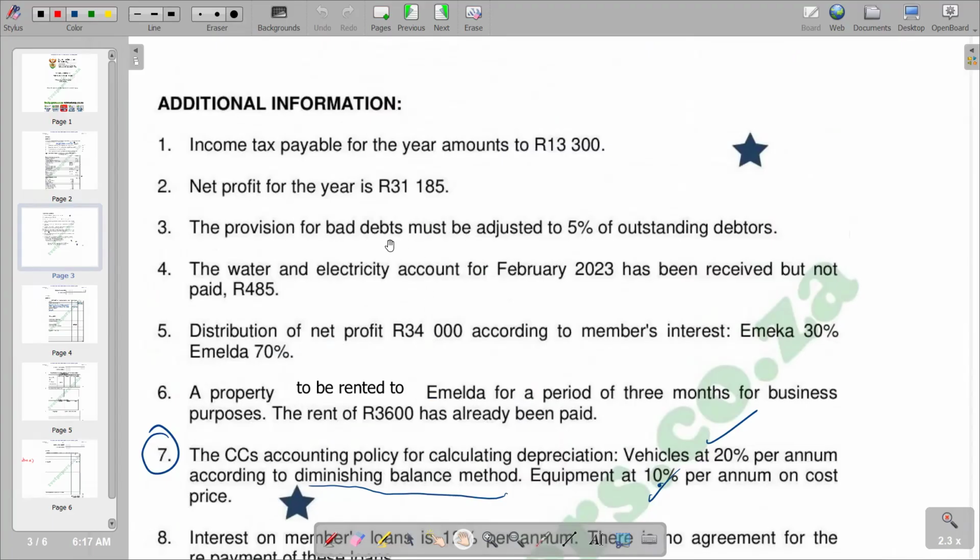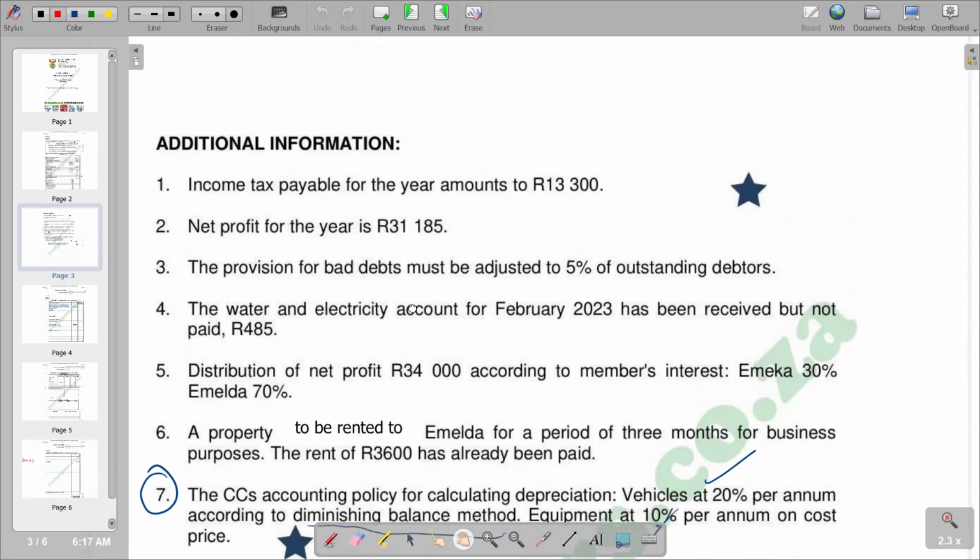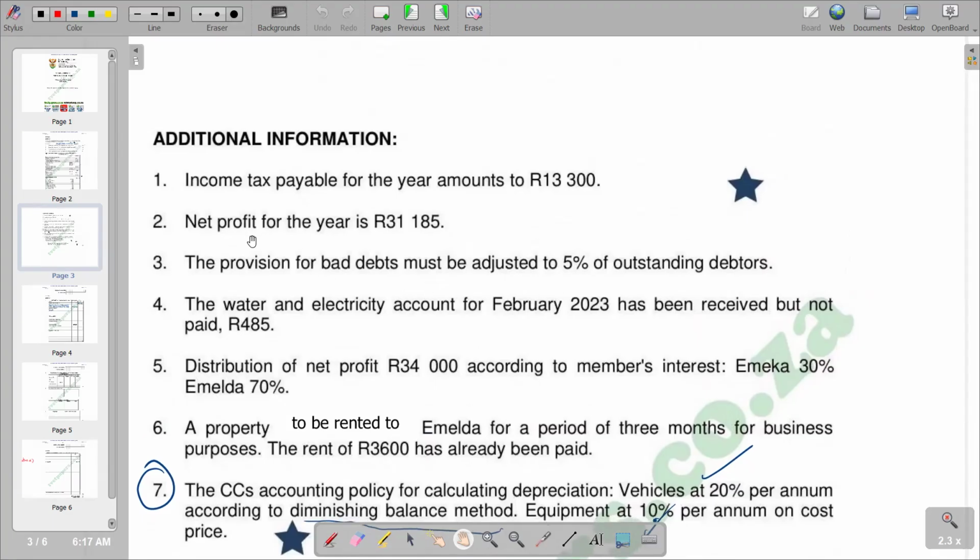Let's try to see. And remember, the provision for bad debts must be adjusted to 5% of outstanding debtors. So remember, the level of provision for bad debts is supposed to reduce the amount of our debtors control. So we calculate it again. We say 5% of the debtors amount that we are given there.